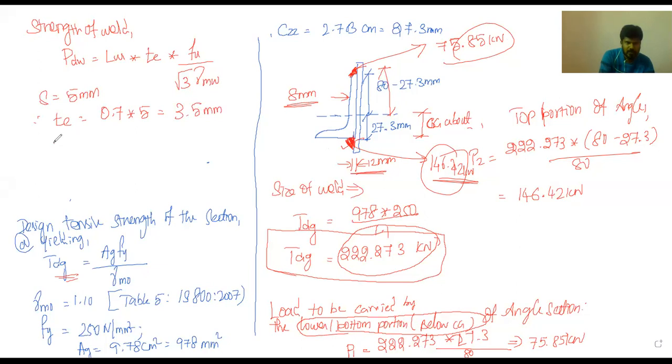So let us consider P1, that is 75.85 into 10 cube Newton is equal to LW1 into throat thickness 3.5 mm into FU 410 divided by root 3 into 1.25. If I substitute this, I can get LW1.